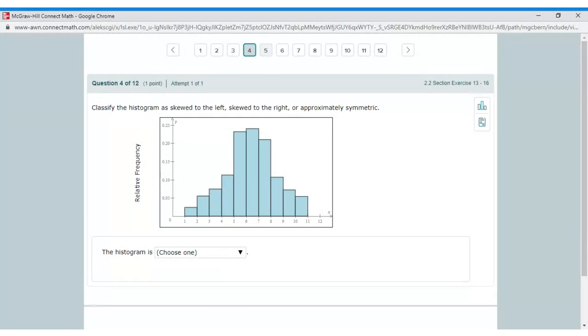So this has no clear tail. It's got tails on both sides. This is what we call approximately symmetric. It's not perfect, but few things in life when you're talking about real data are perfect, which is why they call it approximately symmetric. Later on, in chapter 6, we use the term normally distributed.